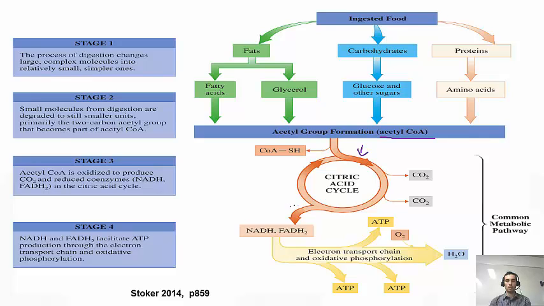And then we are creating these electron-rich coenzymes, which will then be used in the electron transport chain to donate electrons, which is coupled to oxidative phosphorylation, which will create ATP. So you can think of the original inputs here being the fats, carbohydrates, and proteins, and the ultimate output is the ATP, which is our cellular energy, which we require to keep us alive.